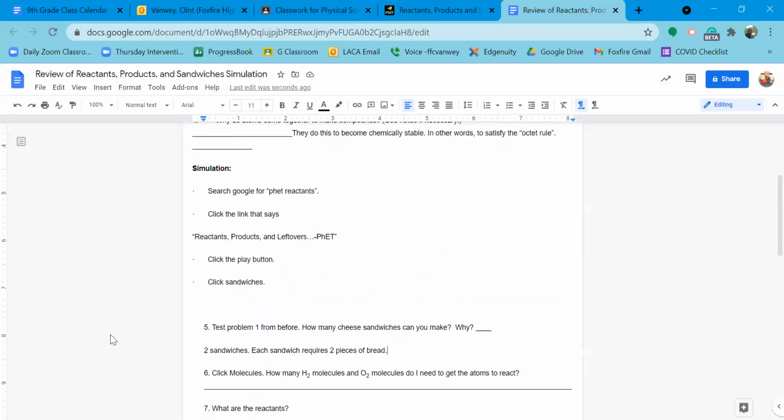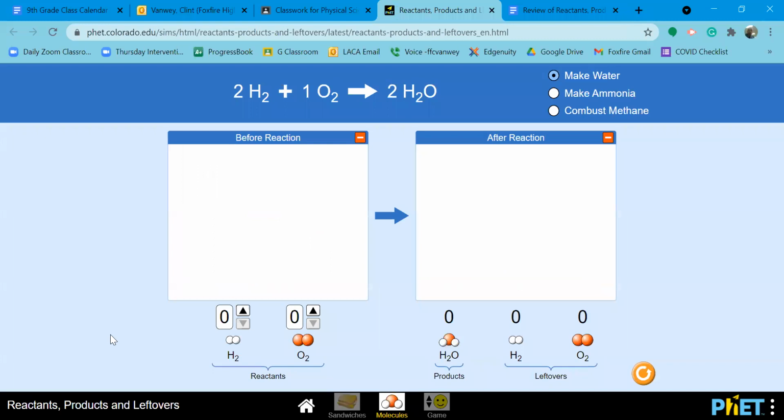The question is, how many H2 molecules and O2 molecules do I need to get the atoms to react? So I have a bunch of hydrogen gas. I'll put it into the container. I'll put in some oxygen gas.